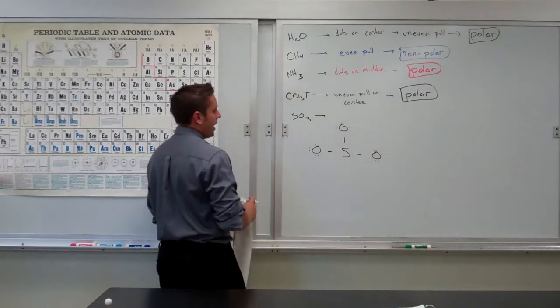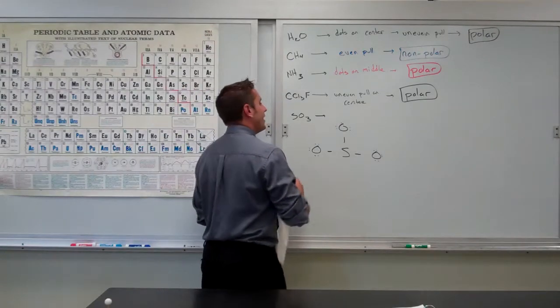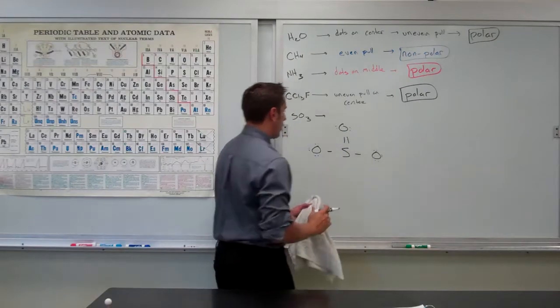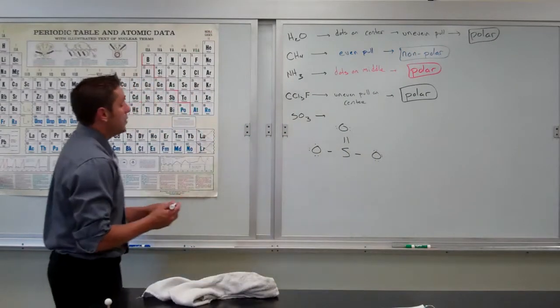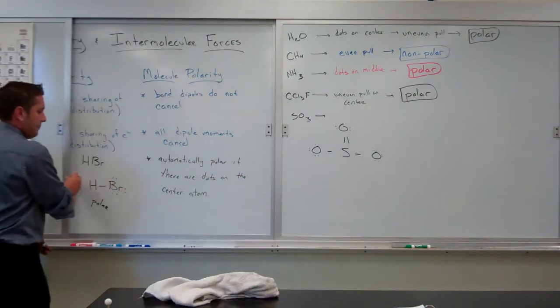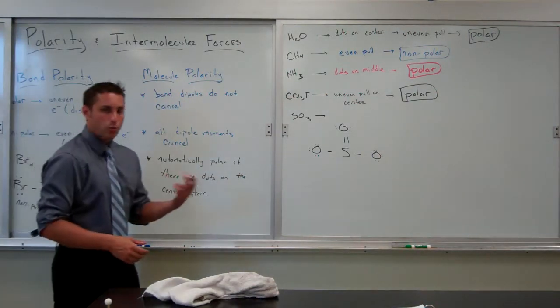Right? And then we'd have to create a double bond somewhere. Right? And this would be a resonance structure. Right? But we'll just draw one of the forms. It looks like this. And the million-dollar question becomes, are there dots on the center atom? And the answer to that question would be no.